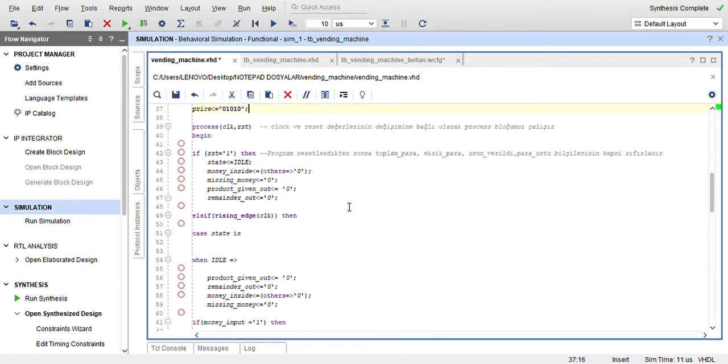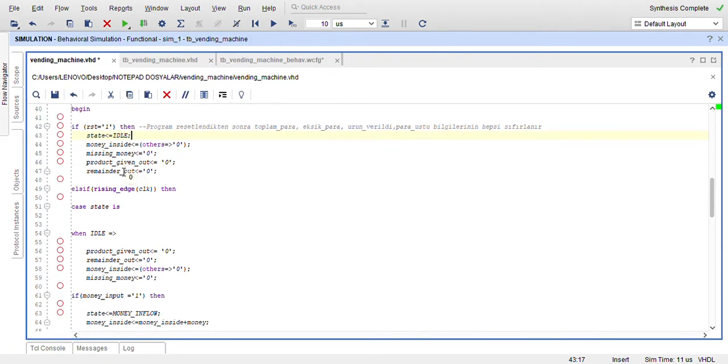Everything will be zero on the state. Then we have to make all our outputs zero. Money inside output will be zero, and if a signal has more than 1 bit, we need to write others to zero.